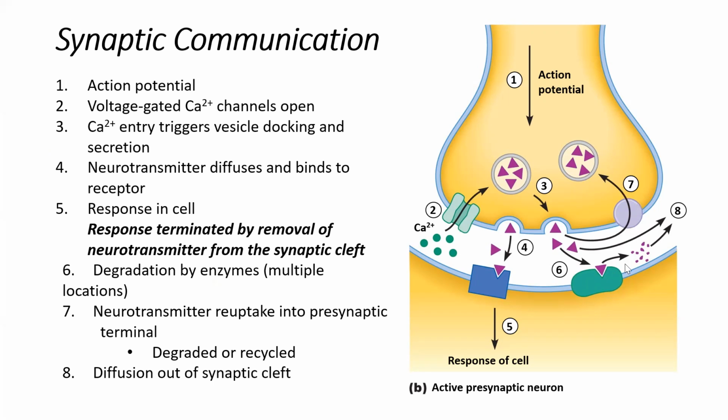So the enzyme on the postsynaptic side and the reuptake molecule on the presynaptic side. The main thing to point out is that once we degrade it, it can no longer be reuptaken. So it has to be reuptaken in its whole form. Otherwise, it can diffuse away in its whole form, or it can be degraded and then diffuse away.